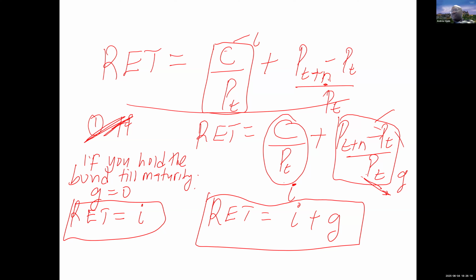So if you buy a bond today and the government guarantees you a 10% interest rate, and then next year you decide to sell the bond when the interest rate has gone up to 15%, your rate of capital gain, this second portion, is going to be negative, because the price of that bond next year is going to be less than what you purchased it for, because the price of the bond falls as the interest rate rises in the economy.